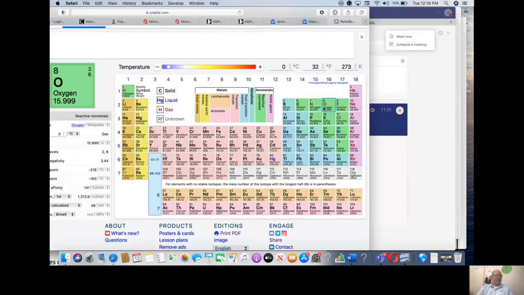A couple other questions that we had on the worksheet was why during the Cambrian period there was 10 times as much CO2 in the atmosphere 500 million years ago than we have today.